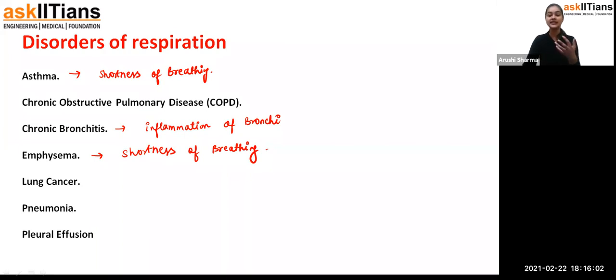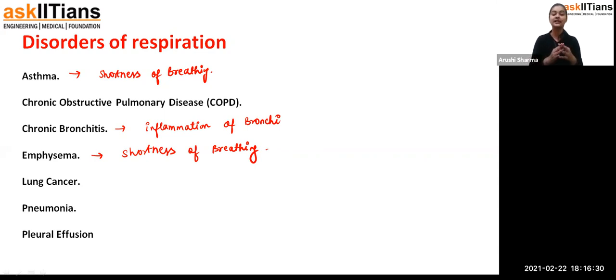Exactly, because lungs are used for the respiration process, and when the lungs are suffering from some kind of problem, like cancer, the person is facing a problem with respiration. They will have shortness of breath and many other problems. That means they are not getting a proper respiration process. And if respiration is not proper, the whole body is not getting proper oxygen, and the whole process is getting disturbed because of that.